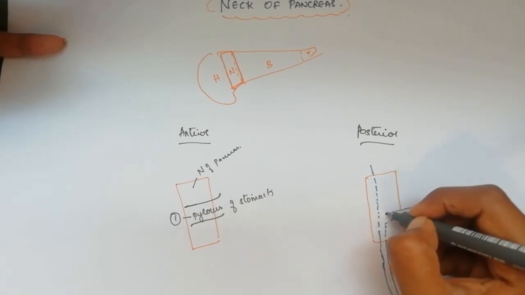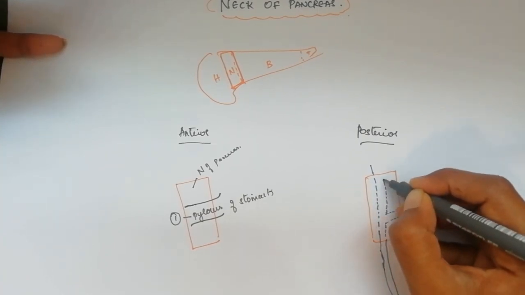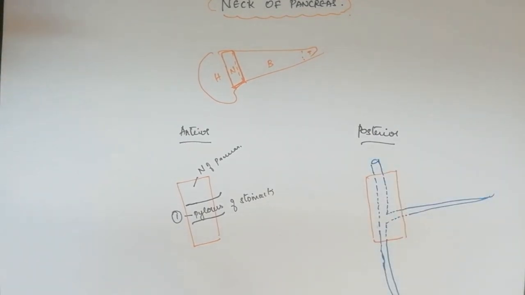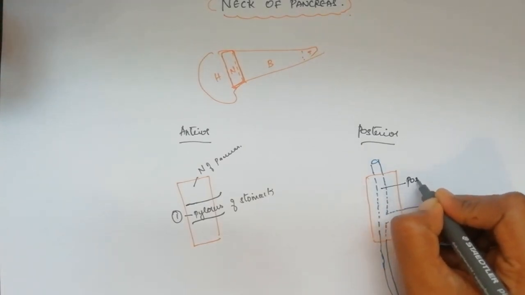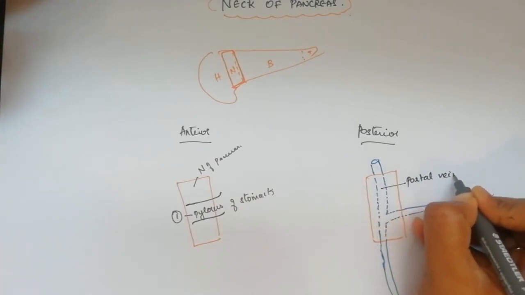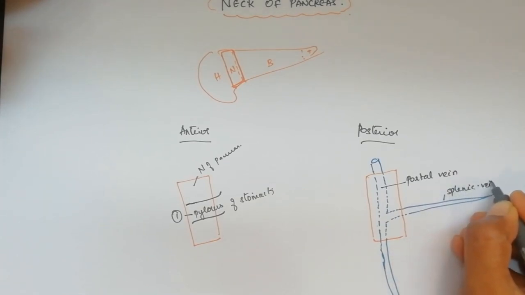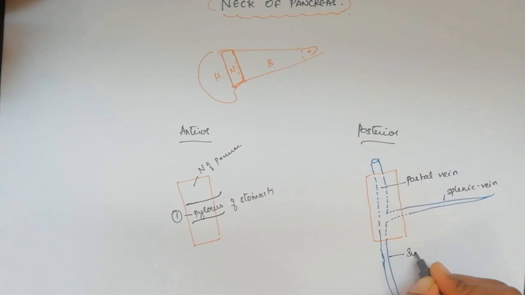Superior mesenteric vein and splenic vein, together, are going to form an important vein called the portal vein. So formation of the portal vein is happening in the posterior aspect of the neck of pancreas. So this is the portal vein, and this is the splenic vein, and this is the superior mesenteric vein.